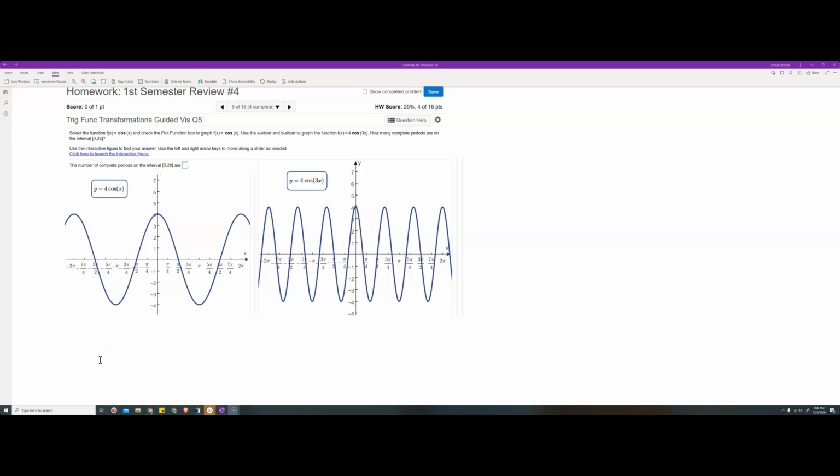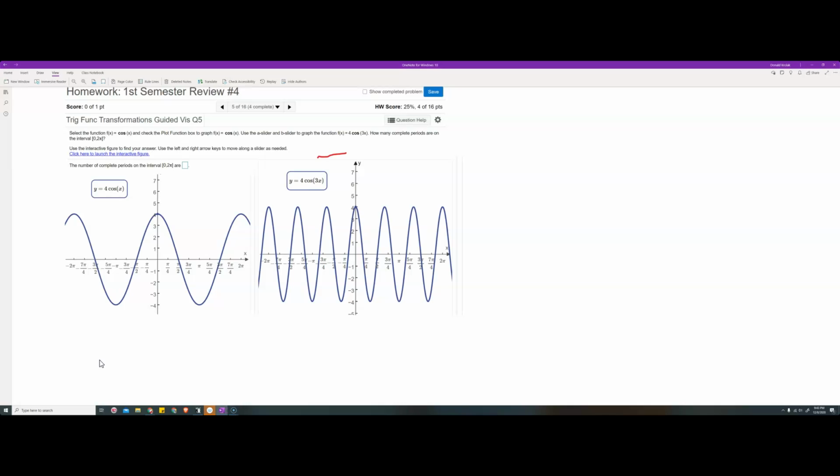All right, select the cosine function, check the plot function box, and graph f of x equals cosine x. And then use the A and the B sliders to graph 4 cosine 3x. So what I did over here so we can compare, this is for cosine x, and this is for cosine 3x. How many complete periods are on the interval from 0 to 2 pi?